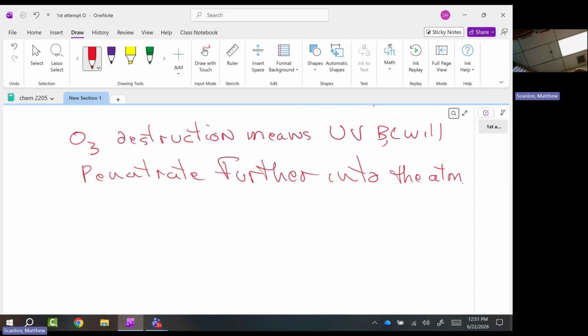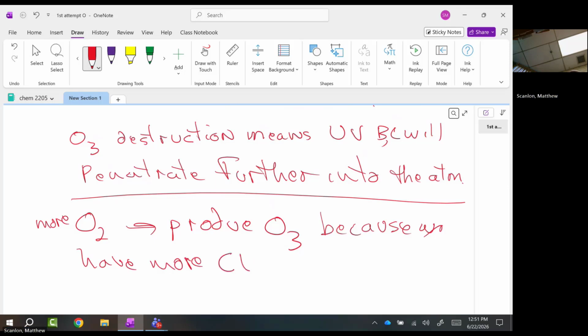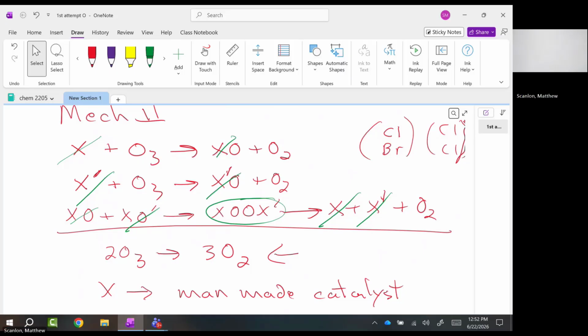Okay, and so all that happens then is, since it's penetrating farther, it reaches where there's more oxygen lower in the atmosphere, and so we produce O3 because we have more UV C and B at lower altitudes. Okay, so it's somewhat self-healing. You'll never get rid of all of it. That's that mechanism. Okay, stop there.